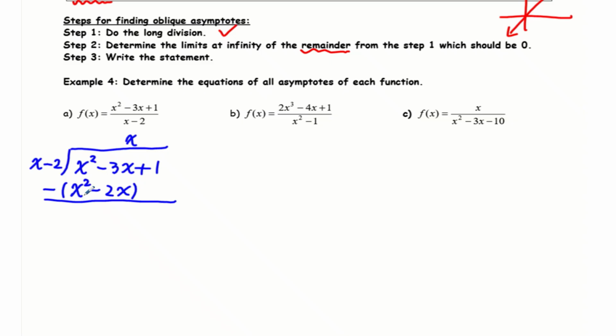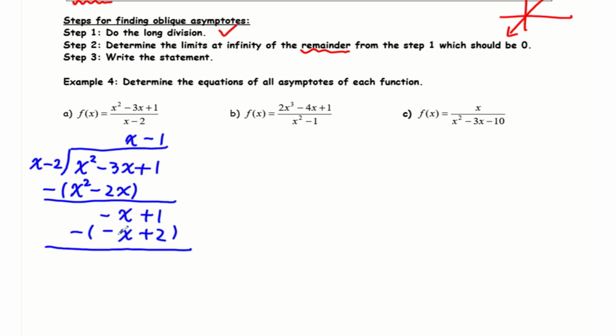Negative 3x minus negative 2x gives you negative x. Then plus 1. Then we do the division of the first term: negative x divided by x is negative 1. Then we multiply: negative 1 times x is negative x, negative 1 times negative 2 is positive 2. Then subtract again.